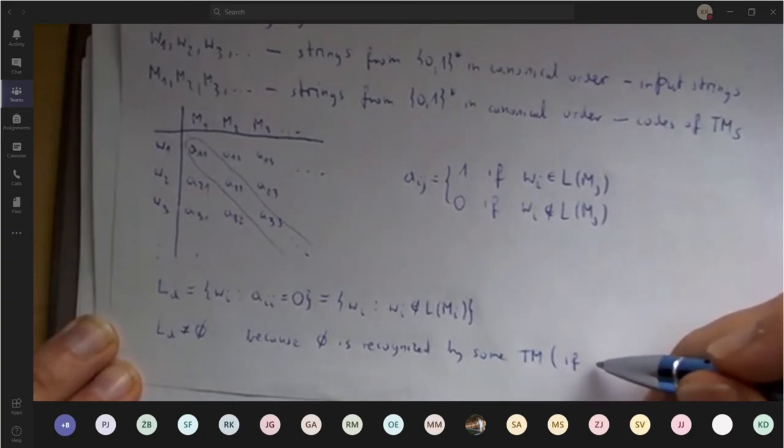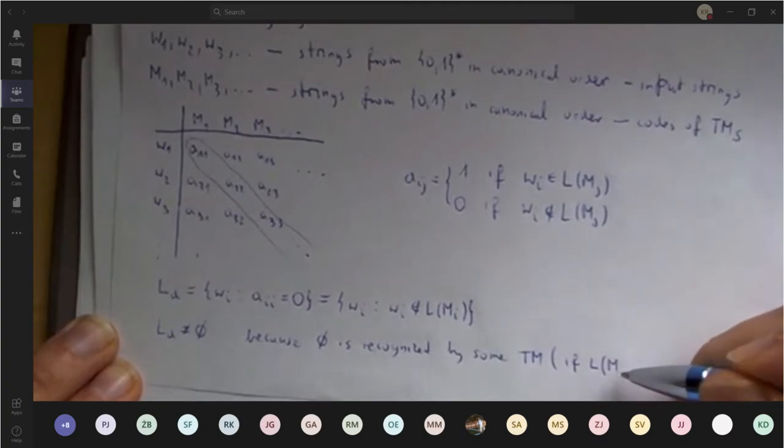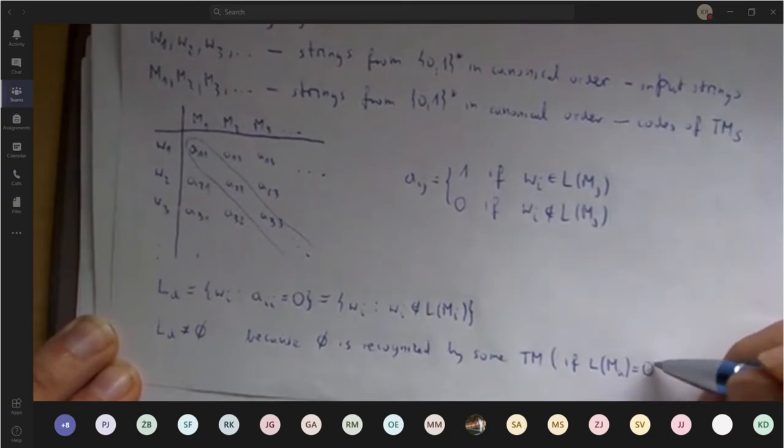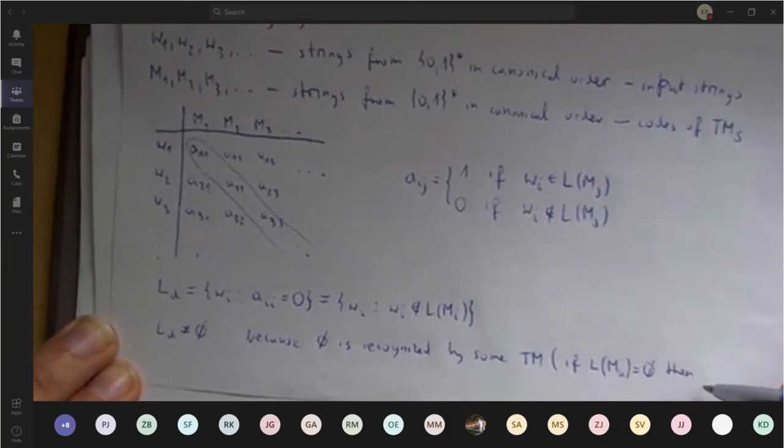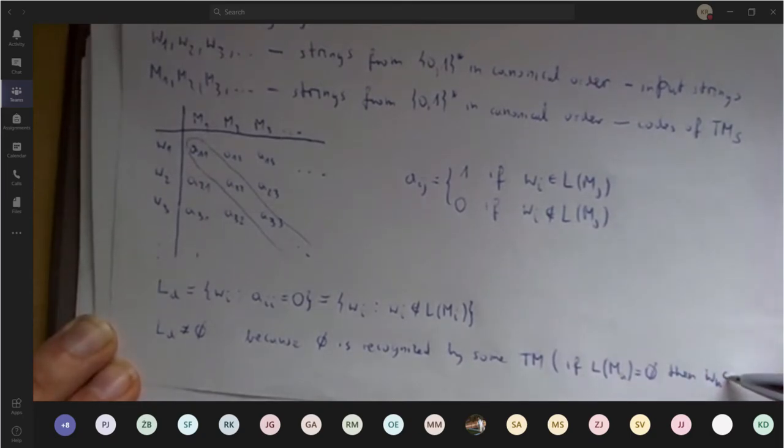In this case, the language accepted by this Turing machine is empty, so it does not contain any string. In particular, it does not contain the string wk. So wk belongs to LD.